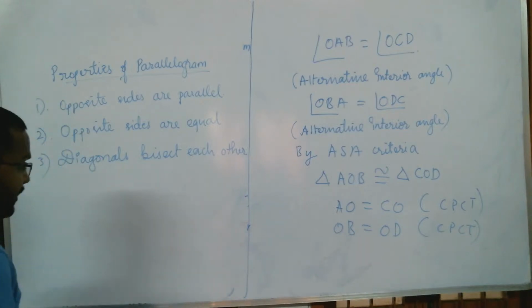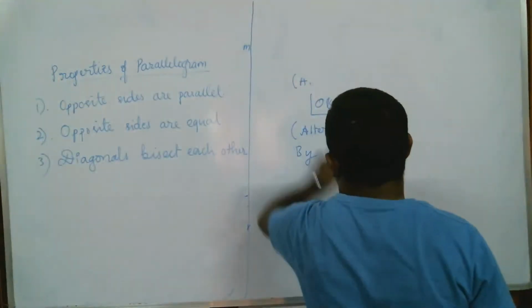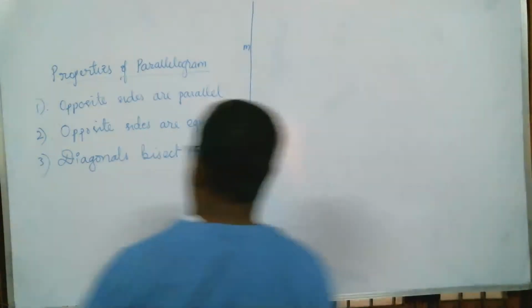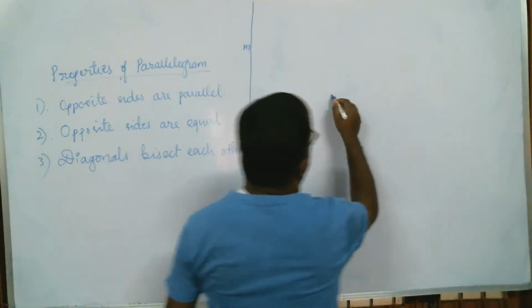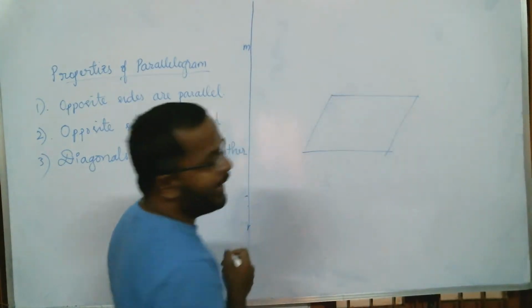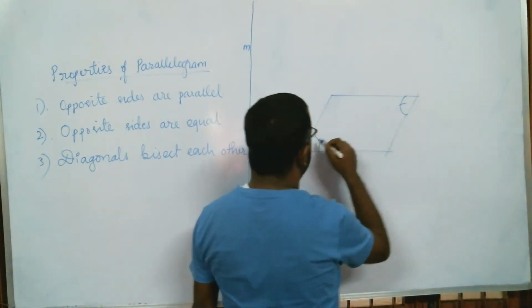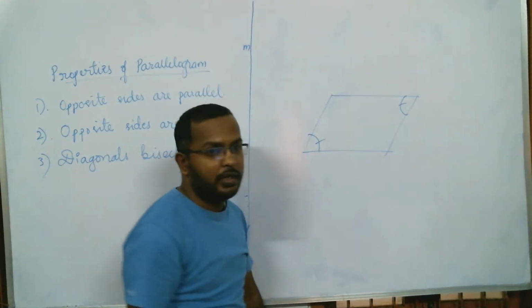So if you take the parallelogram, this is your parallelogram. So in this parallelogram, the opposite angles are equal. This angle and this angle are equal.